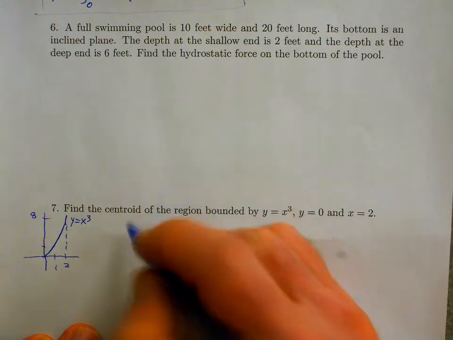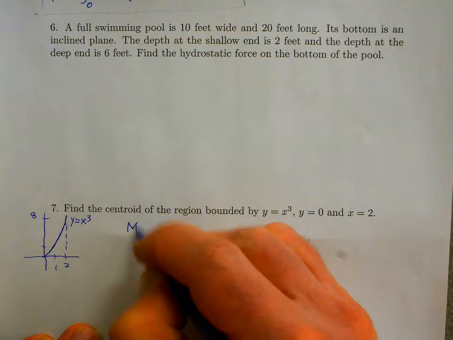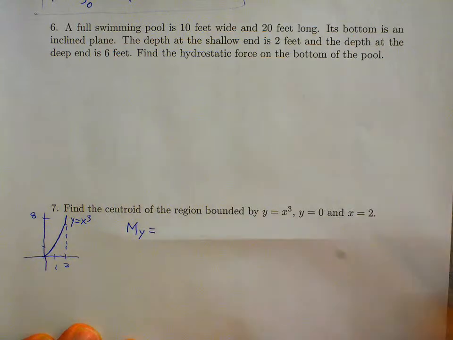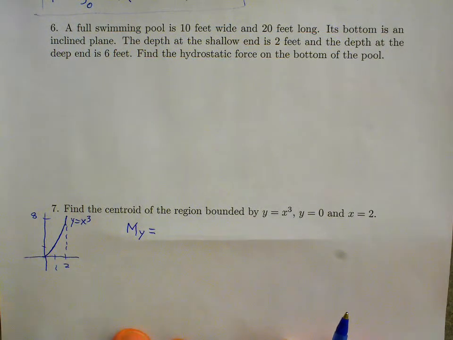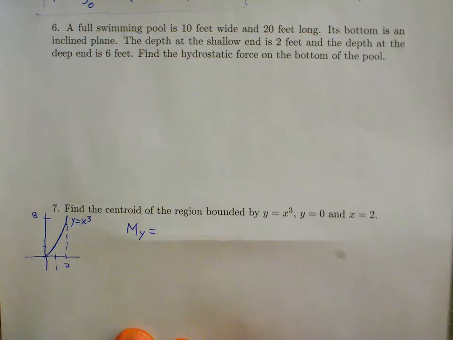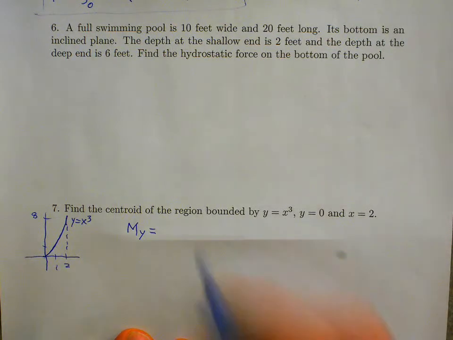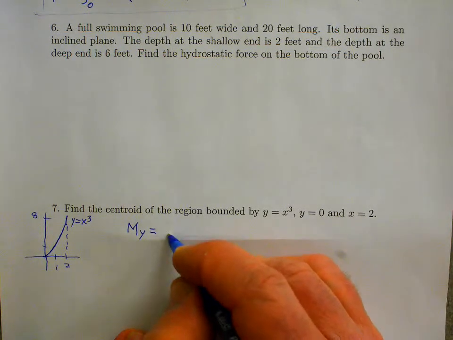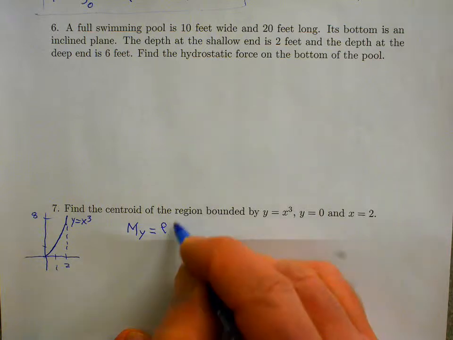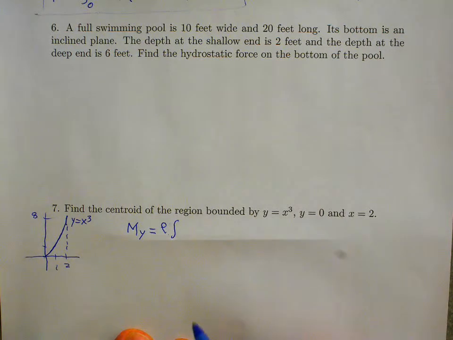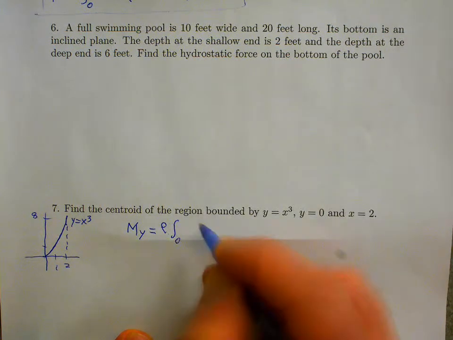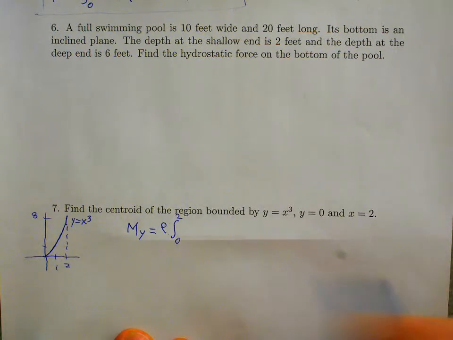So to find the moment of the region about the y-axis, that's going to be, well, we have this rho constant. Rho times the definite integral from 0 to 2 of x times f of x.